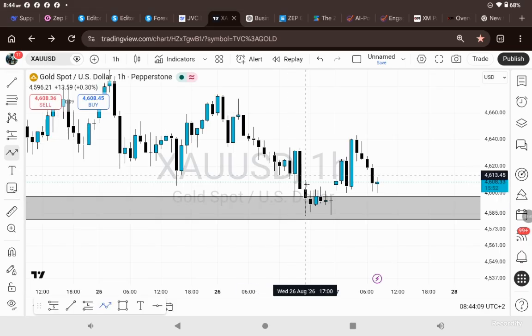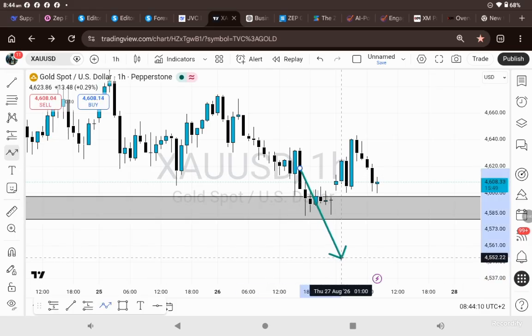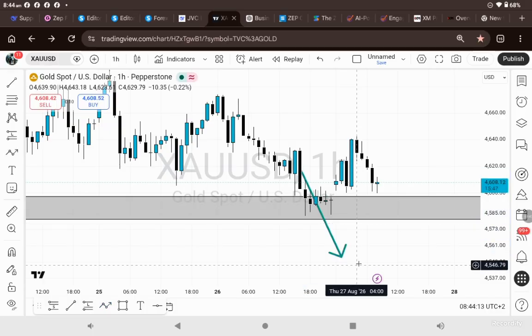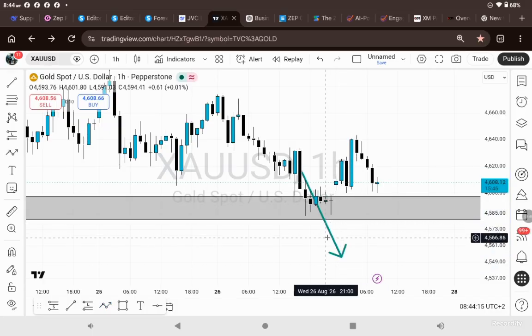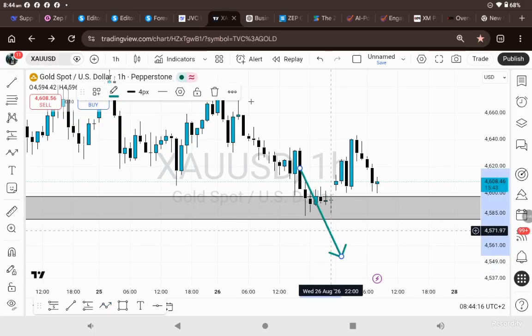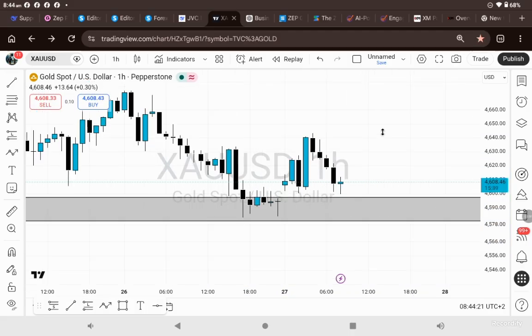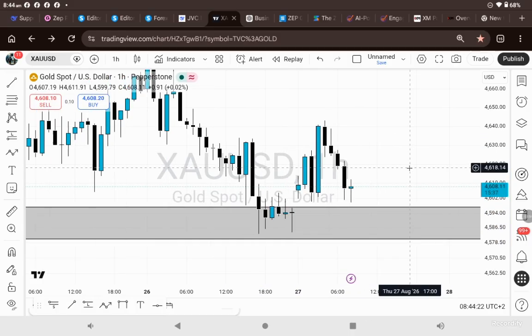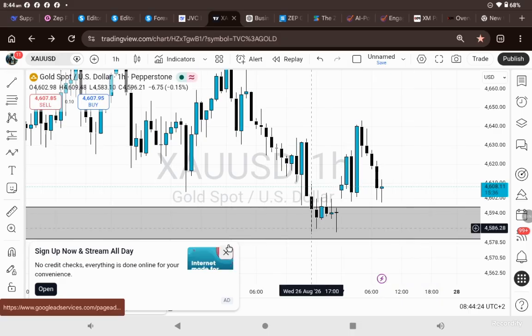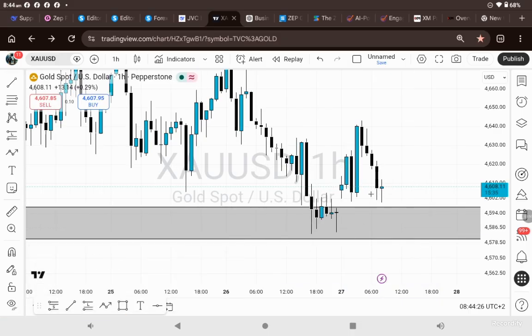The only time we'd be looking for selling opportunities is if the market goes back below this support area. So let's look above the support area.